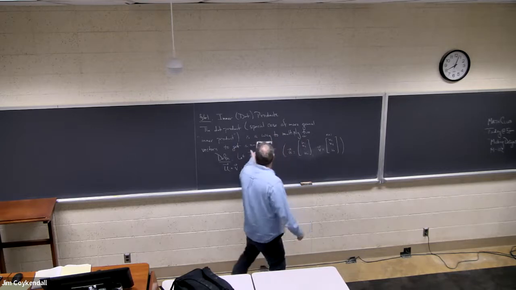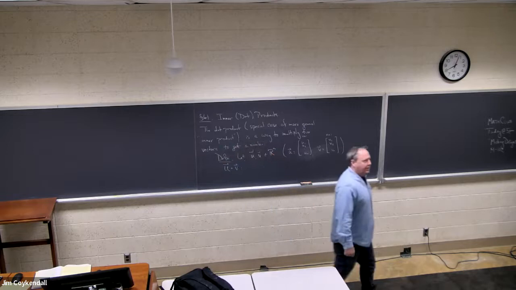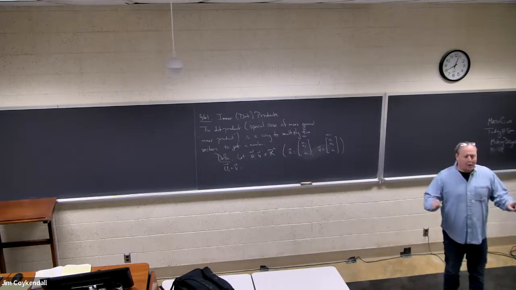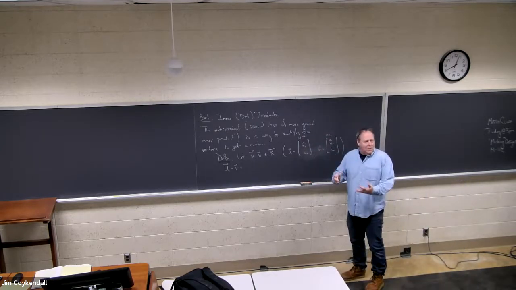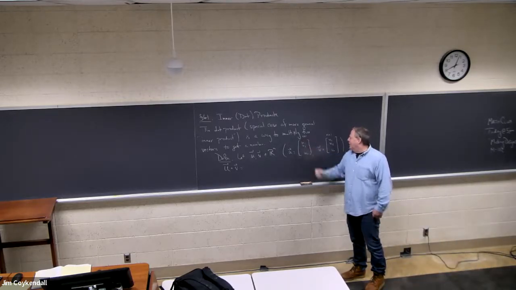I did promise you that I'm going to tell you how to multiply two vectors and get a number. What is a number as a matrix? What size is that? It's a 1 by 1. So this is n by 1, n by 1. It doesn't quite work, but how could I manipulate this and get a 1 by 1 matrix?